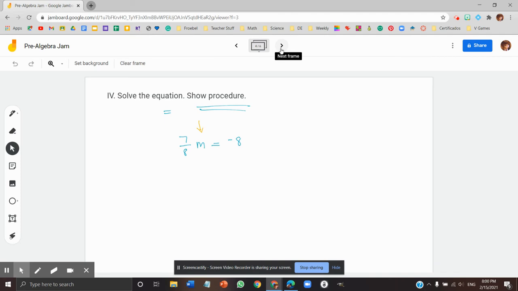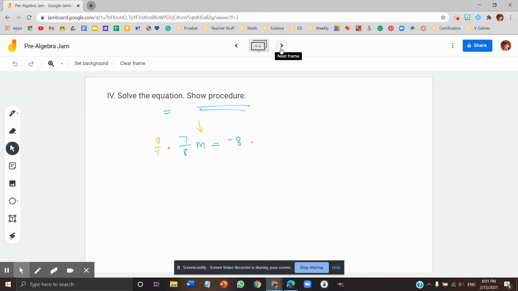M is my variable, so I want to know what it is, so I have to leave it by itself. So I'm going to multiply on both sides by the inverse or the reciprocal.